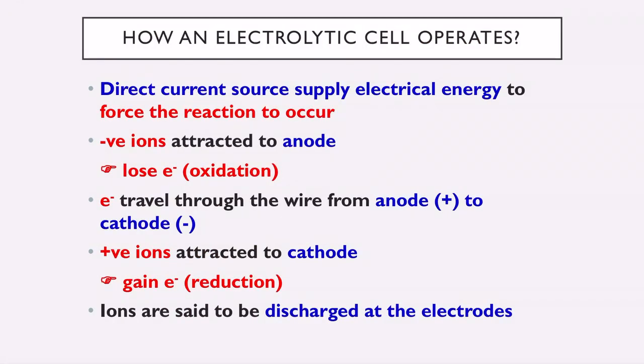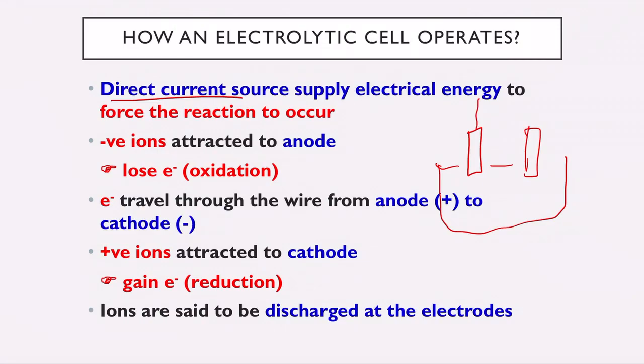Okay, so how does an electrolytic cell operate? Your battery will supply electrical energy and force your reaction to occur. So the negative ions from your electrolyte will be attracted to your anode.